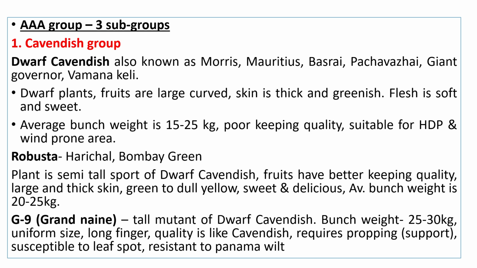It is also termed as Basrai, Pachavari, Giant Governor, Vamanakeli, etc. The characteristics of dwarf Cavendish: the plants are dwarf, fruits are large and curved, skin is thick and greenish, flesh is soft and sweet, and the average bunch weight is 15 to 25 kilogram. But the keeping quality is very poor. Since they are dwarf plants, it is suitable for high density planting and also suitable for wind prone areas.